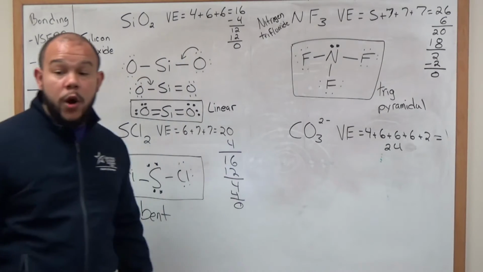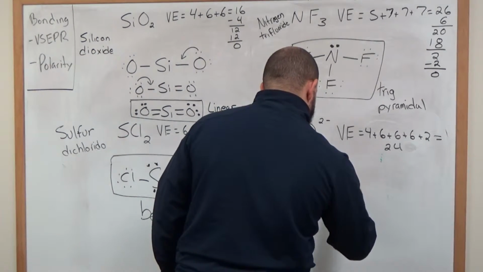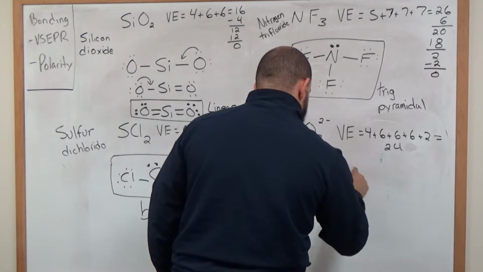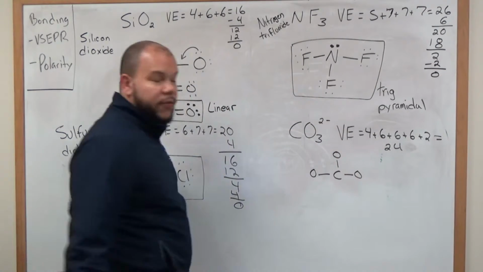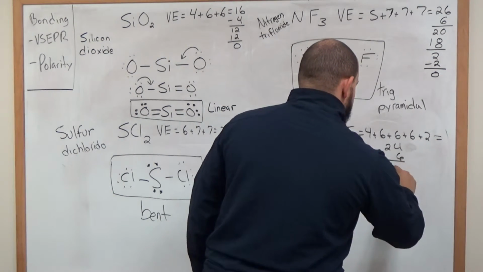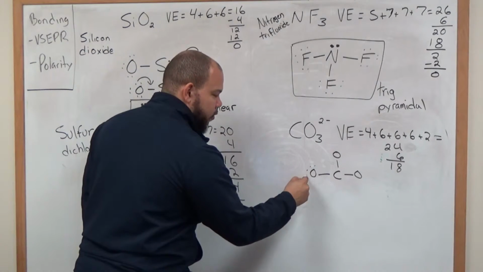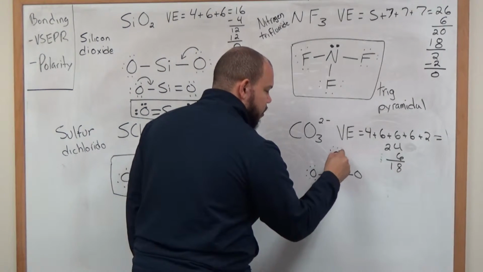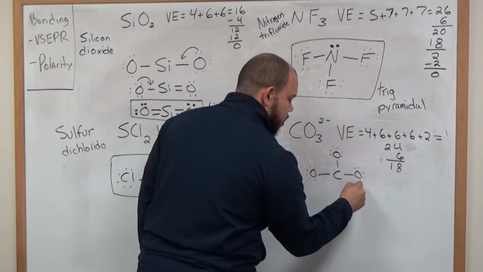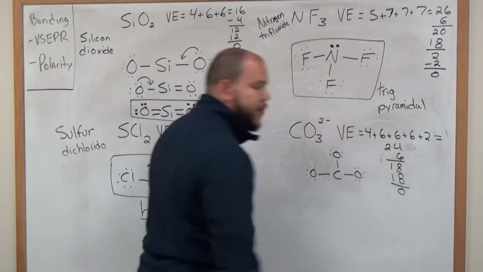All right, we want carbon in the middle. We have 3 oxygens around it. That means we've used 6. That leaves us with 18. If we put electrons around the most electronegative, 6, 12, 18, we have used them all.